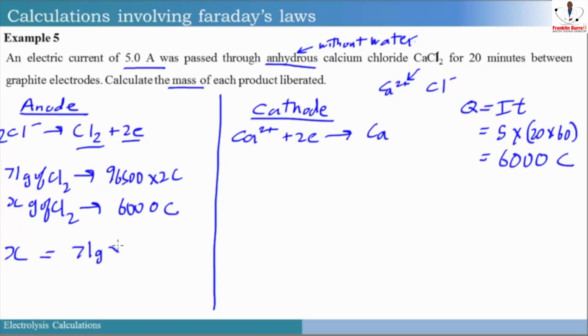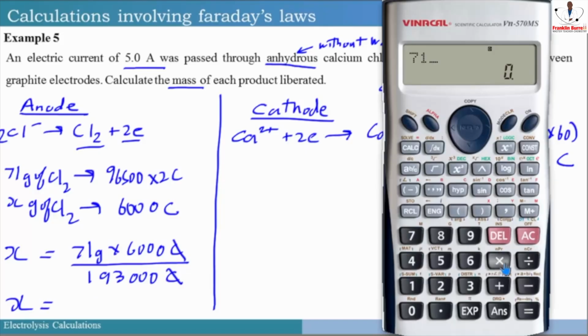So from that, X is equal to 71 grams times 6,000 coulombs divided by 193,000 coulombs. So our answer here will be 71 times 6,000 divided by 193,000 coulombs. So 71 times 6,000 would be equal to 426,000.